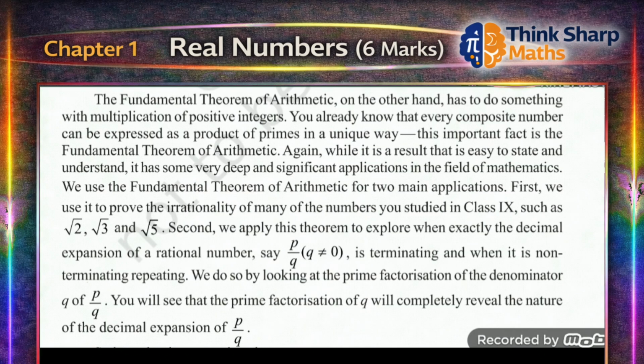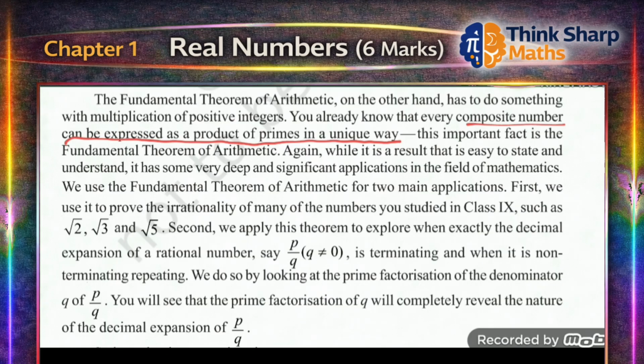Now the second important topic of this chapter is the fundamental theorem of arithmetic. On the other hand, it has to do with multiplication of positive integers. You already know that every composite number can be expressed as a product of primes in a unique way.